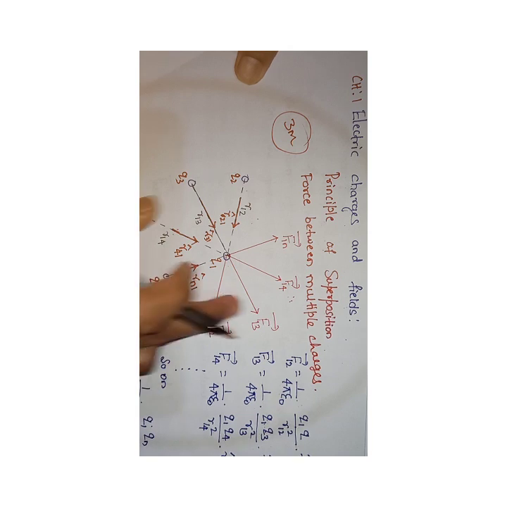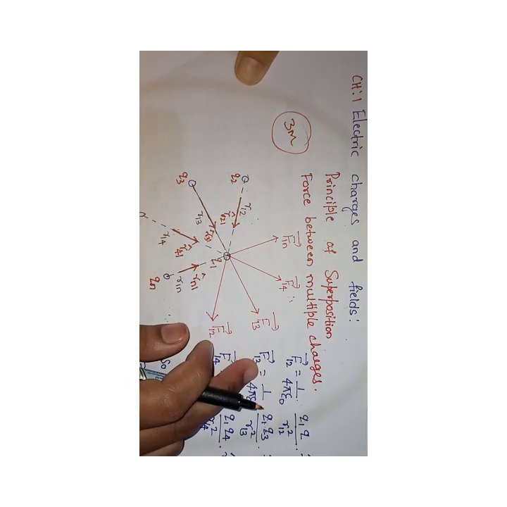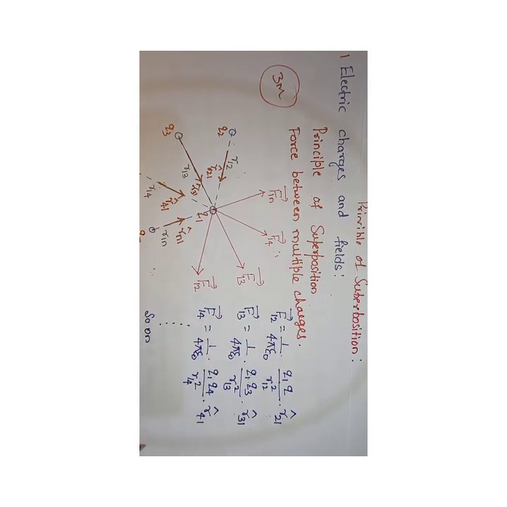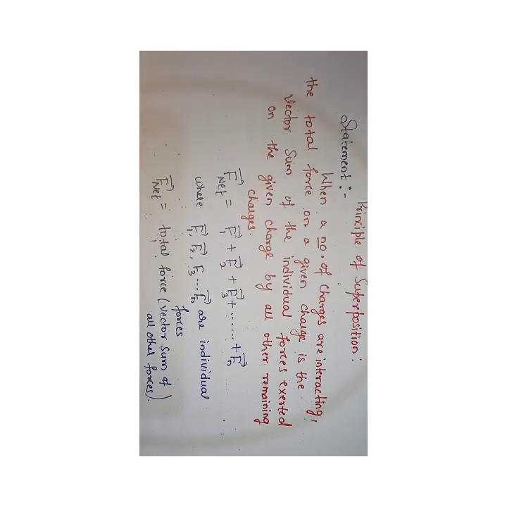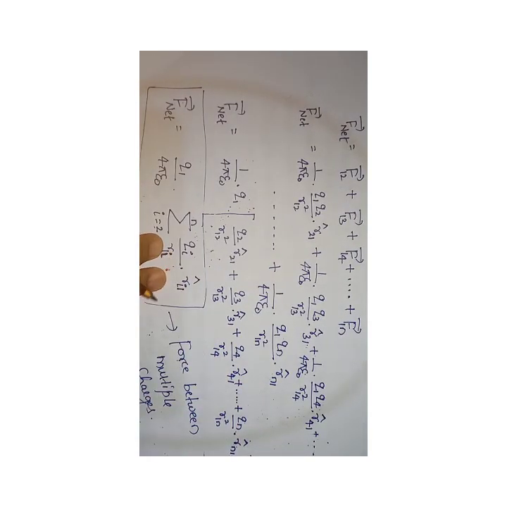So here we will consider 4 or more charges, and we will show the direction of forces, unit vector and the distance between them, and we'll find F12, F13, F14 and so on. We'll substitute in this equation, which is by this principle. Then substitution, very simple calculation, and finally you write this equation. So this is the force between multiple charges.